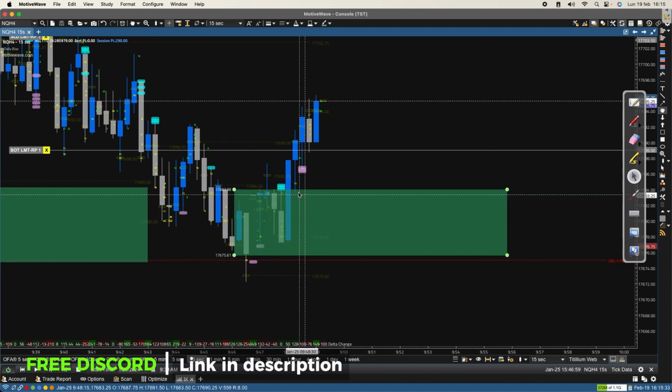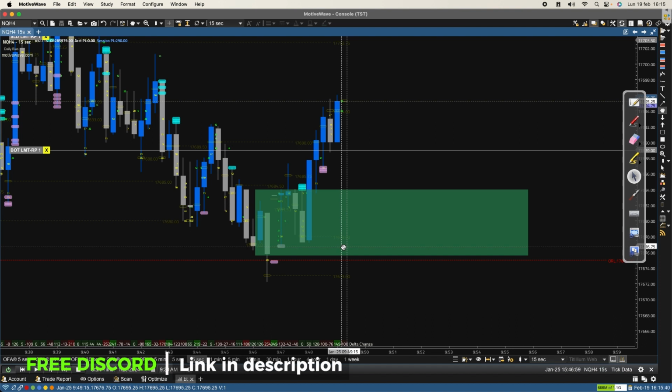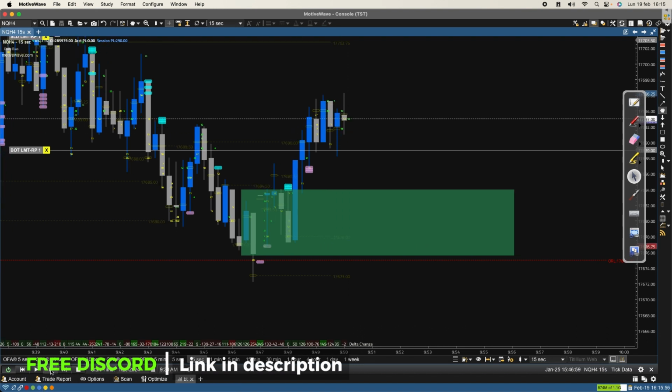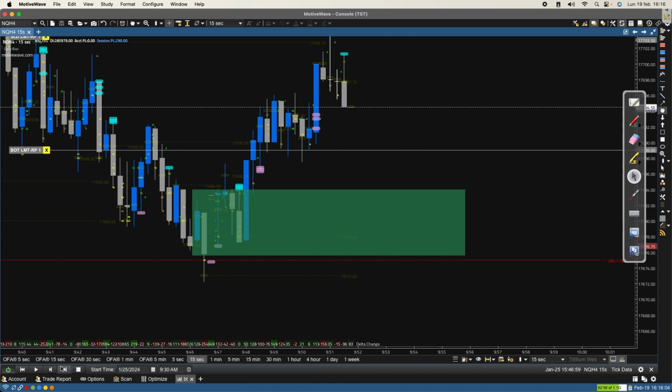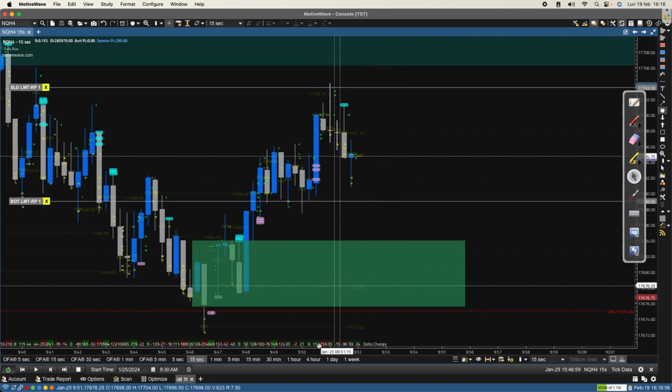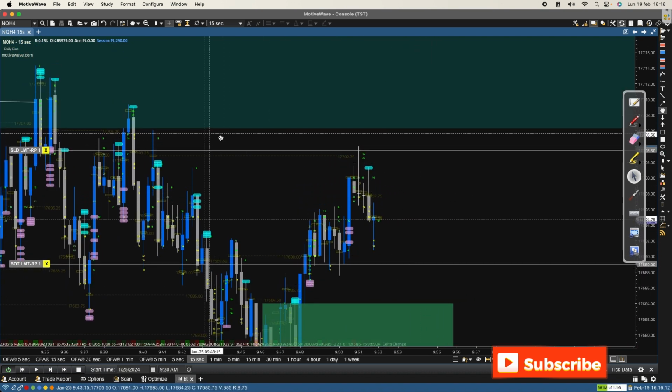Okay, we don't see any imbalances, which is something that I really like to identify a clear supply zone, because it means that we have huge pressure, so high pressure that the price has no time to retest the same zone. Probably it is going to retest again. Okay, so now we are waiting for the price to reach here or this zone.